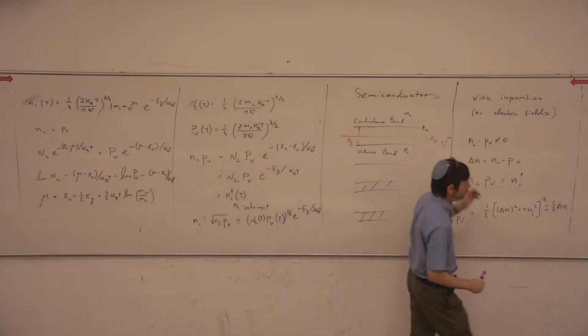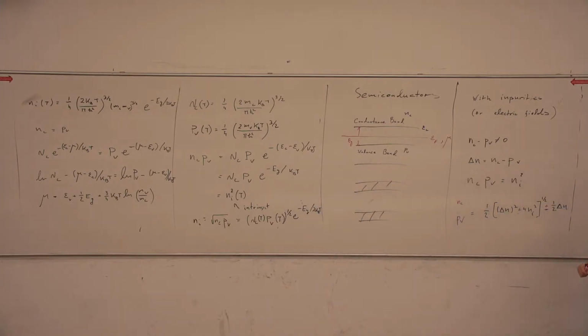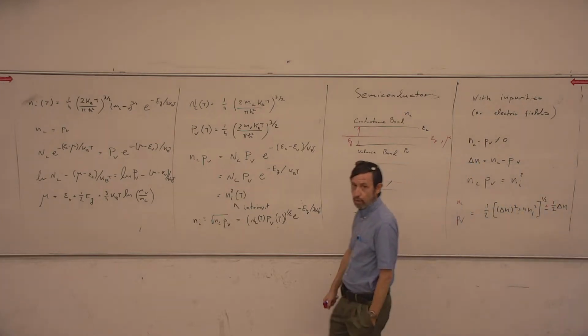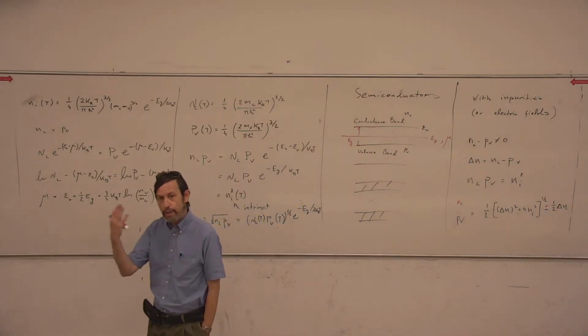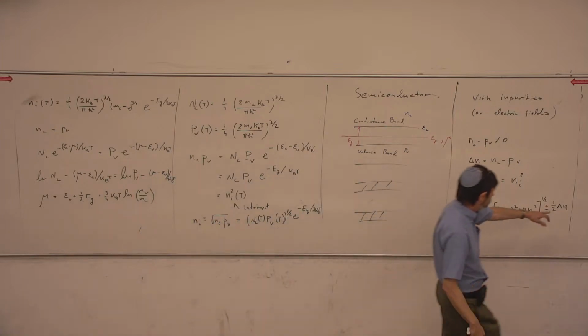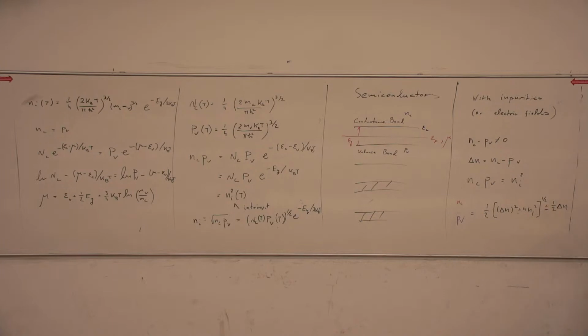Just manipulating what's written here. So, if we know delta N, we can know the number of electrons and the number of holes that appear here, even if we have an addition of electrons or holes. If it's an addition of electrons, this is minus, and you have more holes than electrons.